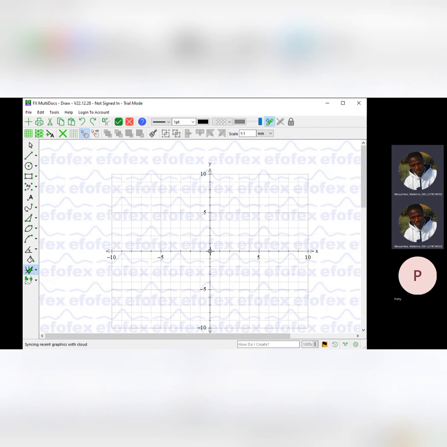Okay, the first point is at 0 and 0. I must have a point somewhere here. And then, let's calculate one extra point. To get this extra point, we're going to let x be equal to 1.